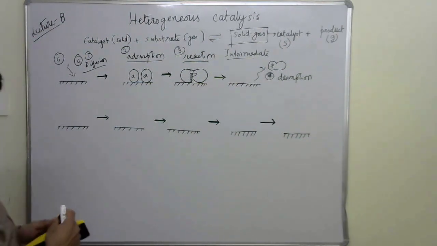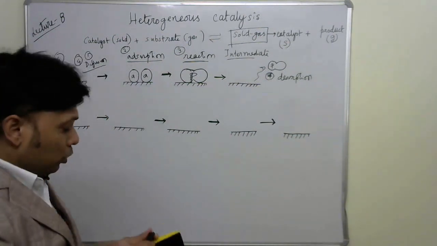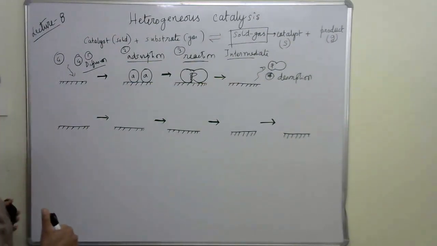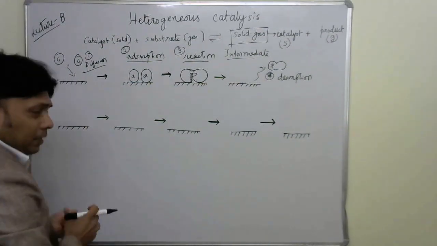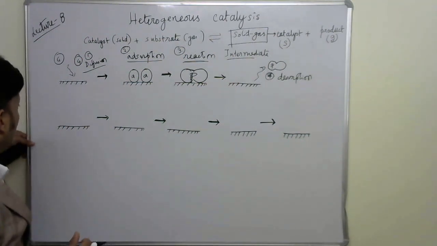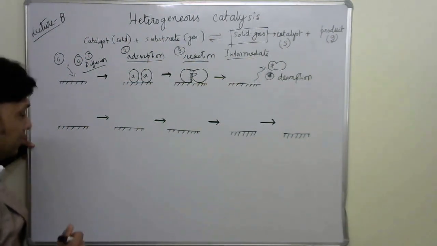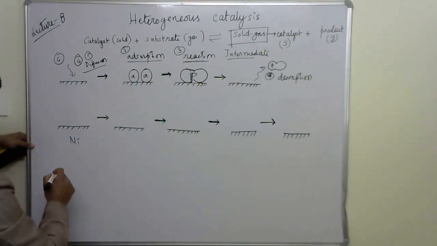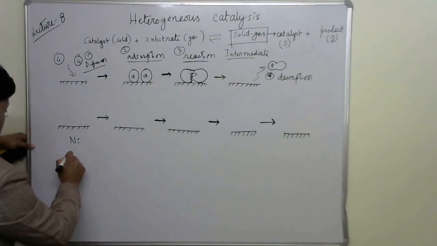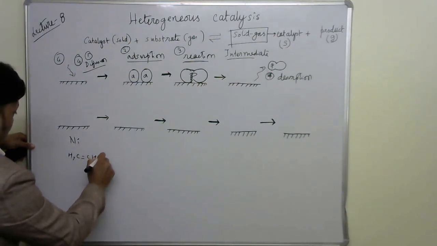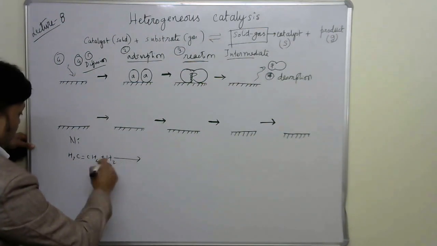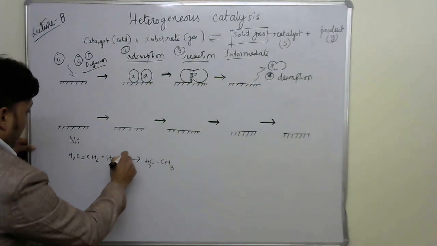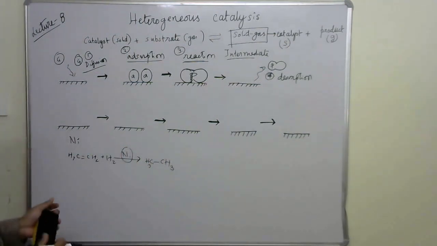So now we'll take a real life example in order to show you how these few steps proceed. So what we are going to do is follow the hydrogenation of ethylene on a nickel surface. So this is nickel, okay, and the reaction we are going to talk about is this: this is ethylene, and when the hydrogenation process occurs, it forms ethane gas, and it happens on the solid nickel surface.